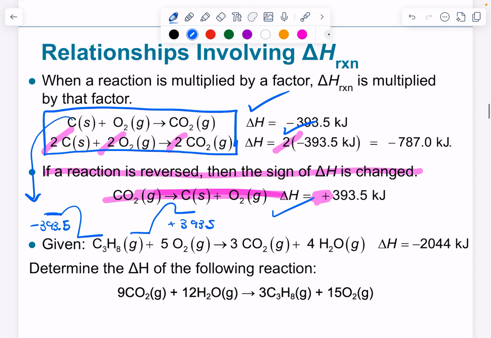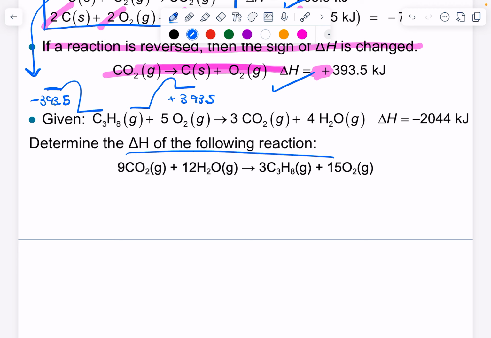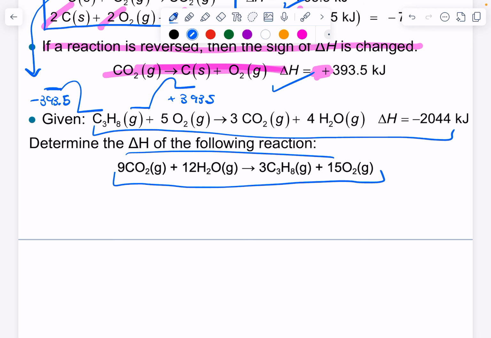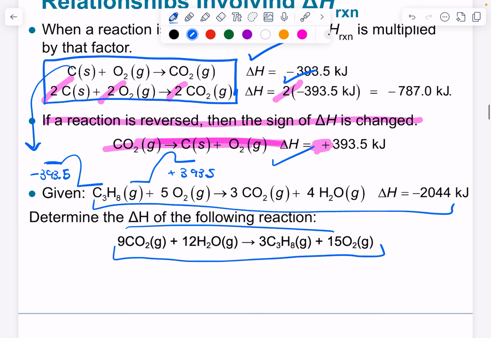And so the last example problem we're going to do for today is determine the enthalpy based on these changes. If I have this reaction, tell me what the enthalpy is for this reaction. So pause the video, think through how you can use these relationships up here to determine that.